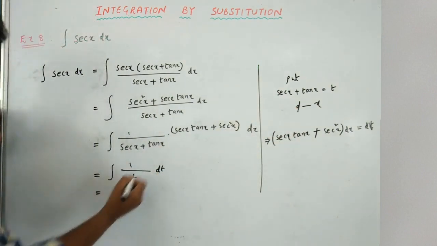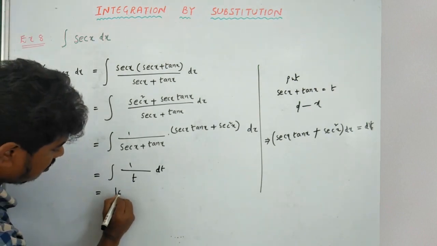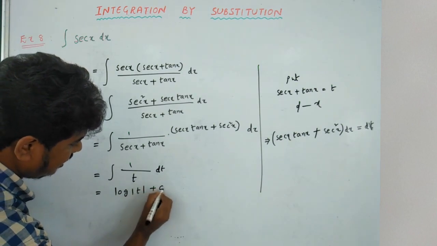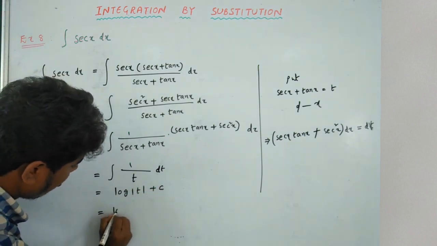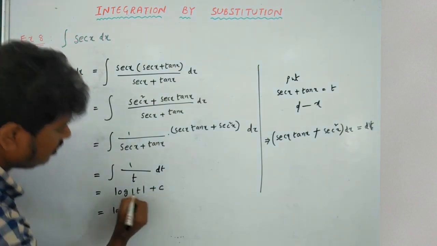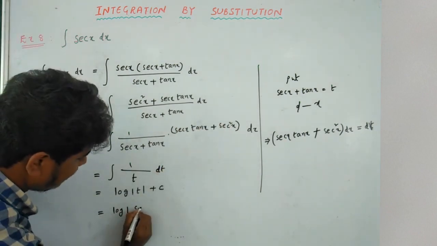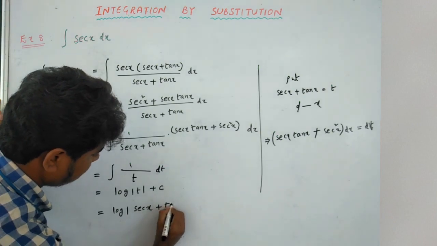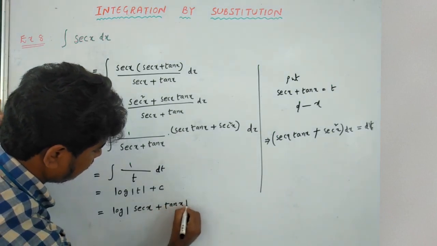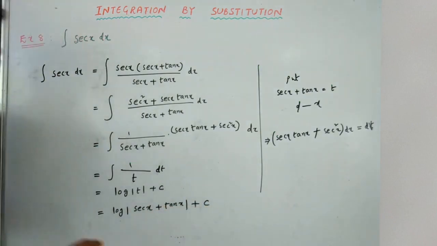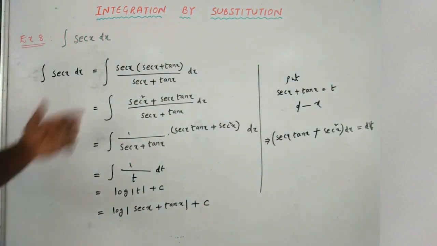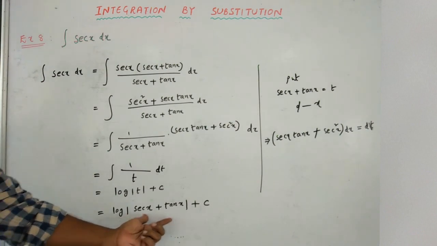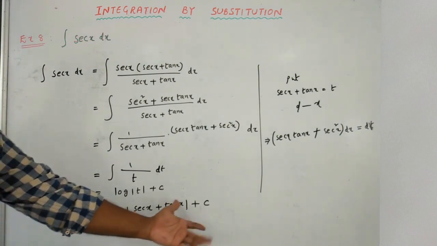The integral of 1 by t dt is log mod t plus c, which is log mod secant x plus tan x plus c. You have to remember that the integral of secant x dx is log mod secant x plus tan x plus c.